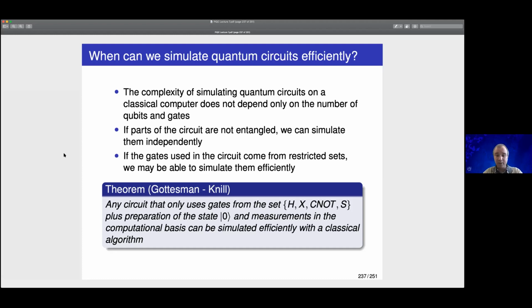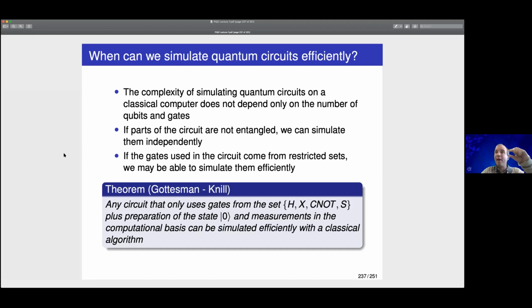For instance, one situation in which you can do that is if you have a lot of qubits, but only blocks of them are entangled with each other. So imagine that you have 5,000 qubits, but the qubits are only entangled with one another.